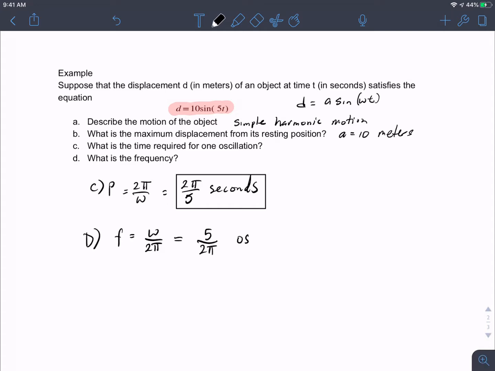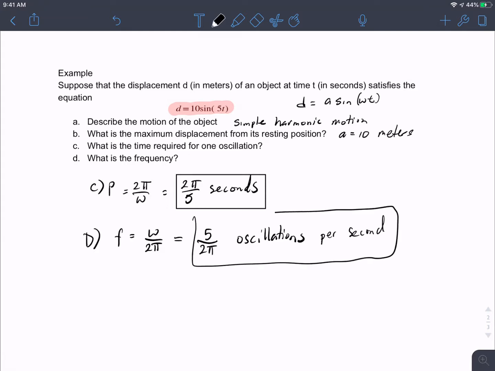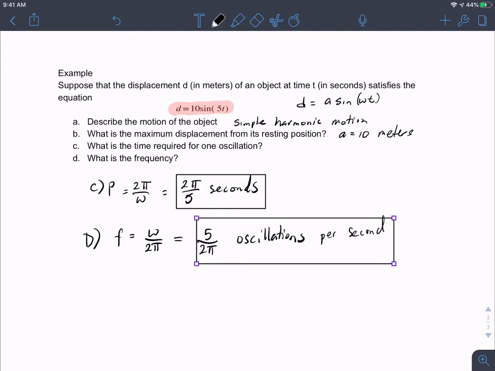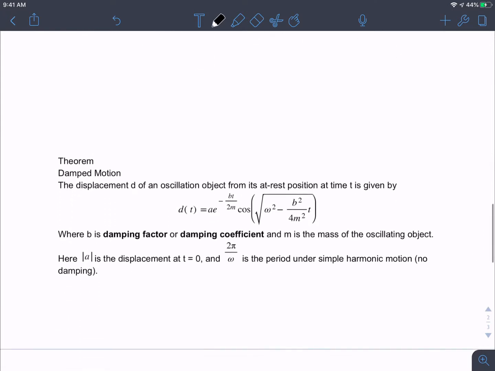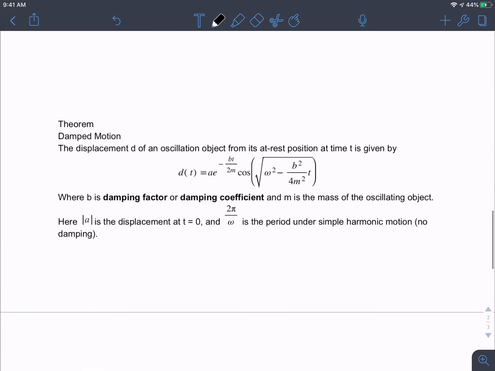And that's the number of oscillations that occur per second. And there's that example. Okay, now let's talk about damping motion. And so there's an important formula that we're going to need, and this is that formula.